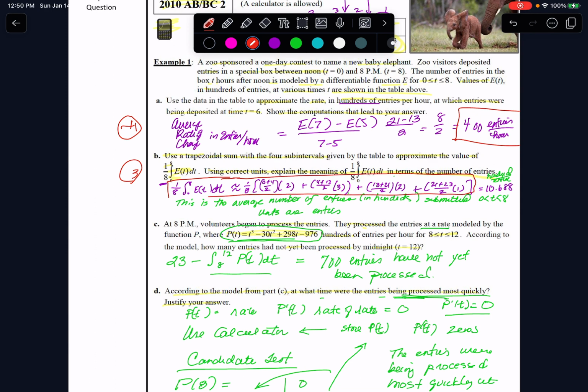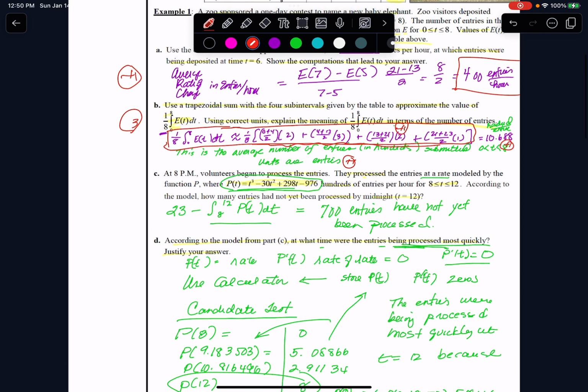That's showing that you're finding the average and you're using the trapezoidal sum. So that's worth 1. You have to have it like that, or some way, however you did your trapezoid sum. You did it right if you get the right answer. And this is 1, and then your explanation is 1. So that's the 3 for that.